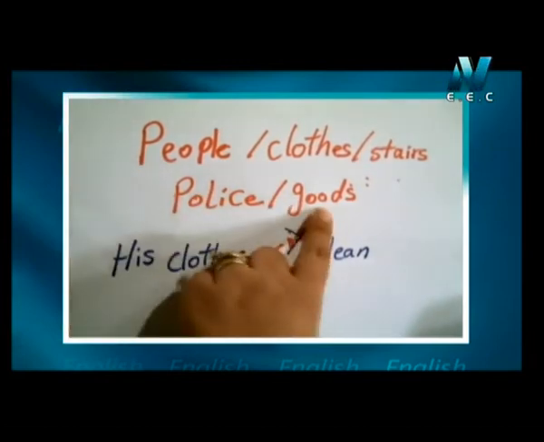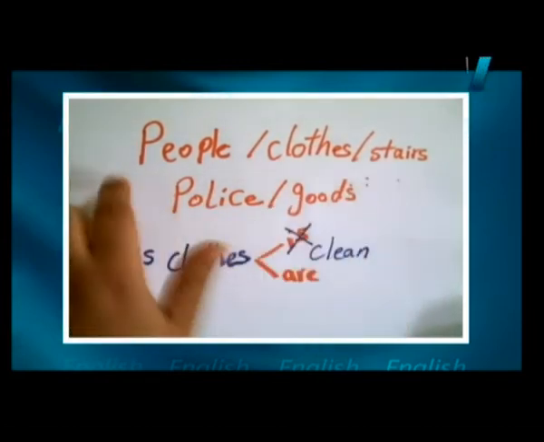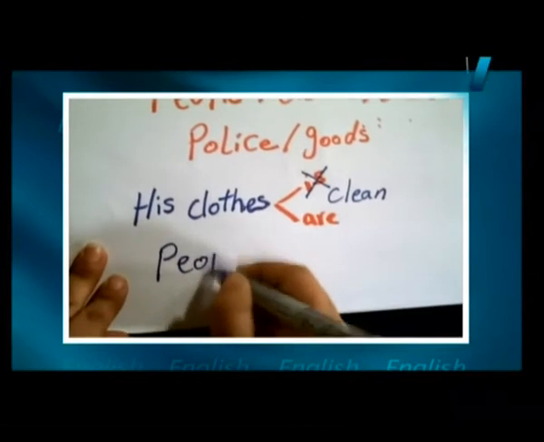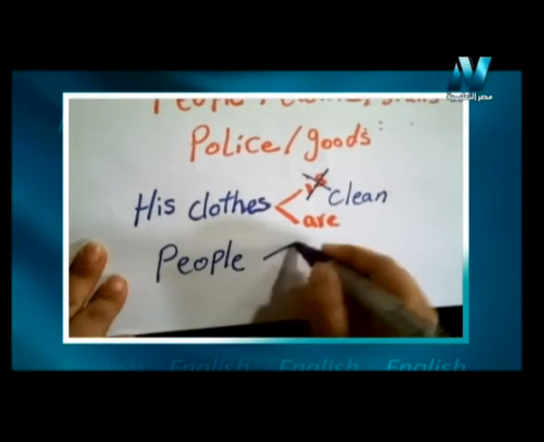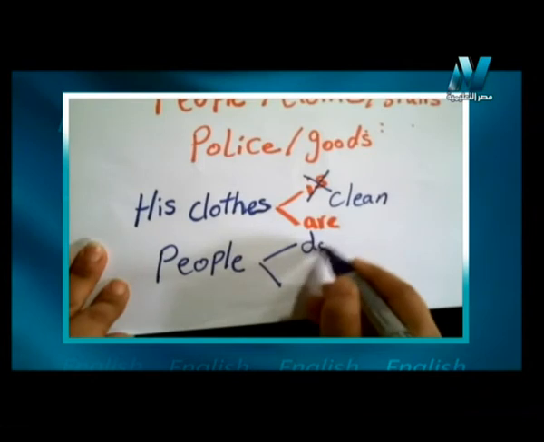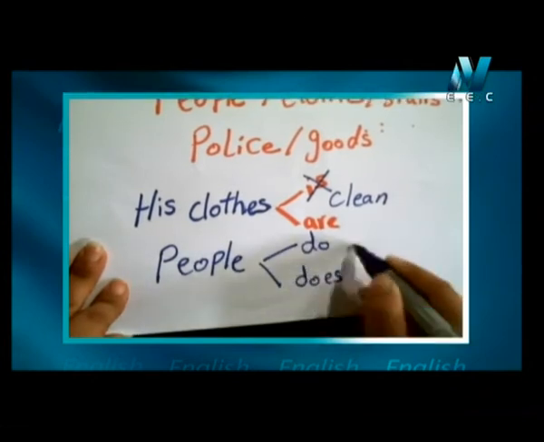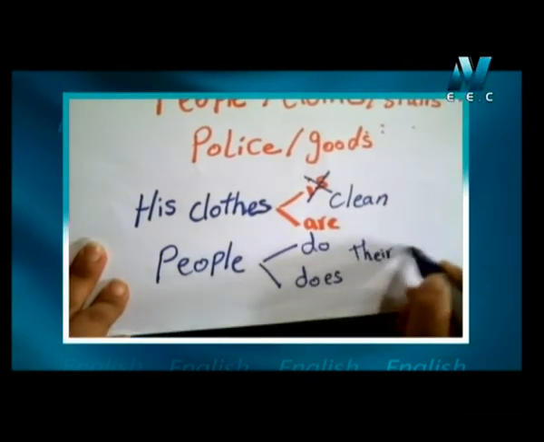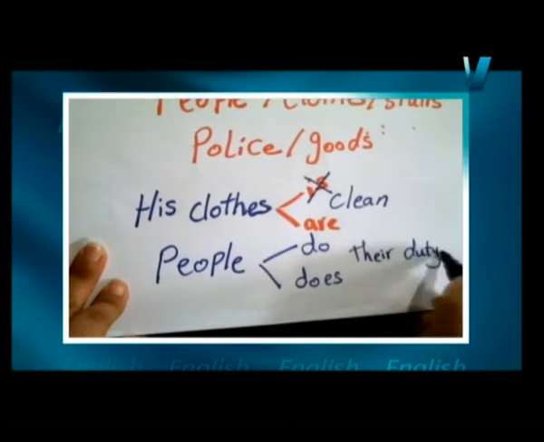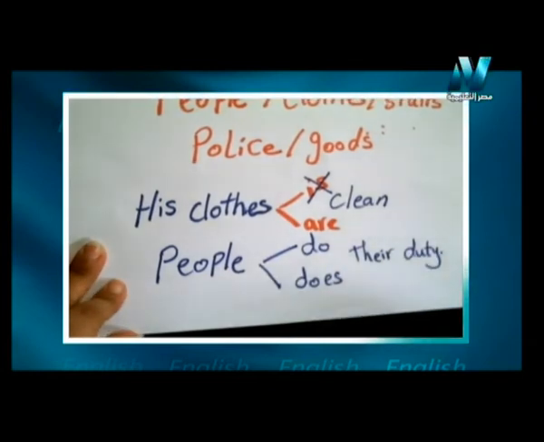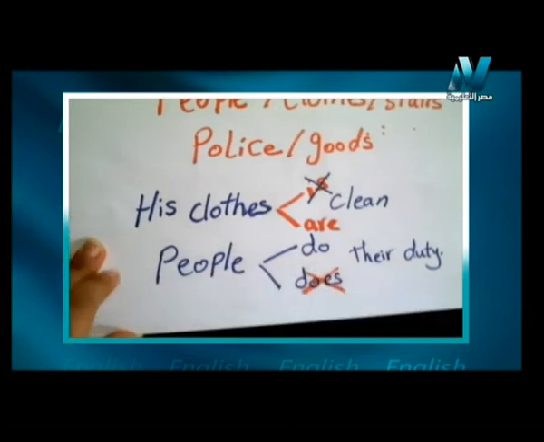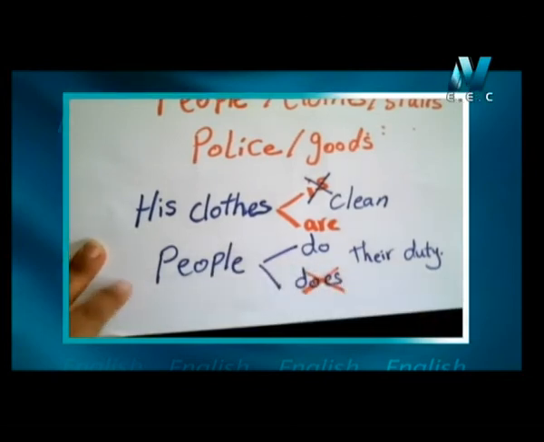Goods are. Stairs are. People are. I have to say a plural verb. People, I say people, do or does their duty. I'm going to say people do, not does, a plural verb. Okay.